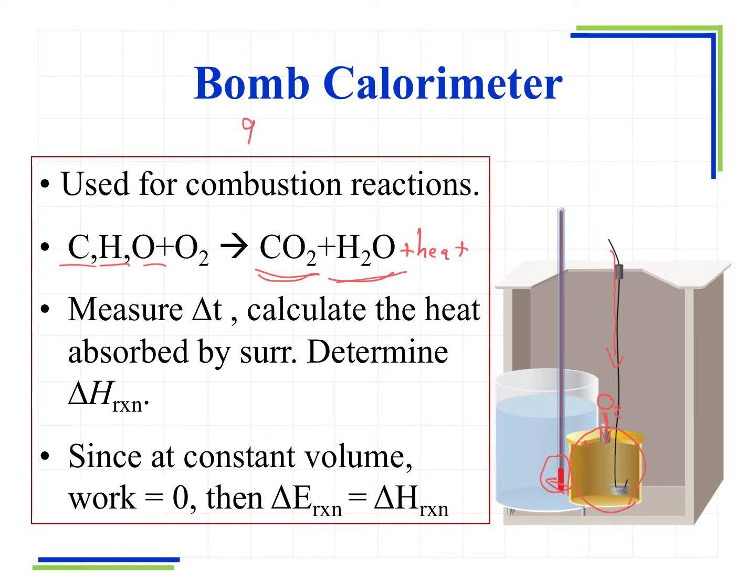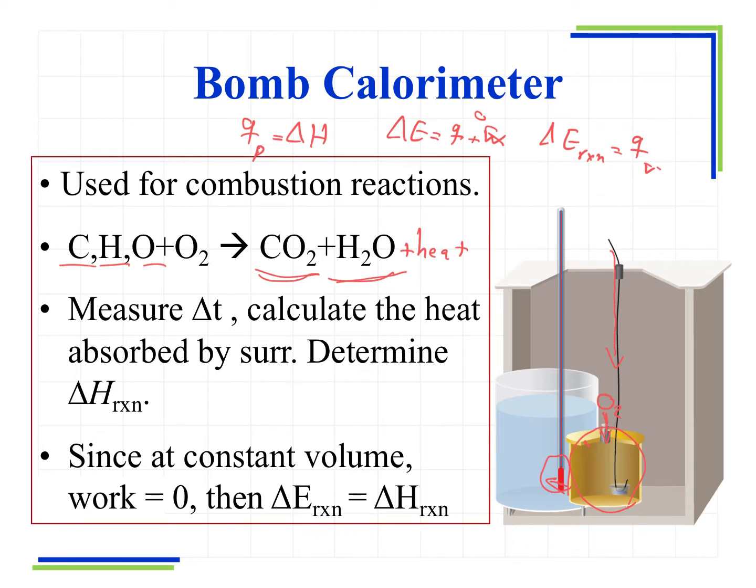Because we said Q in constant pressure, I write it as subscript P, is delta H. But in constant volume, it's not delta H. We know that delta E is Q plus W. And since it's in constant volume, work is 0. So basically what we are finding is the delta E of the reaction, right? So delta E of the reaction is Q in constant volume.